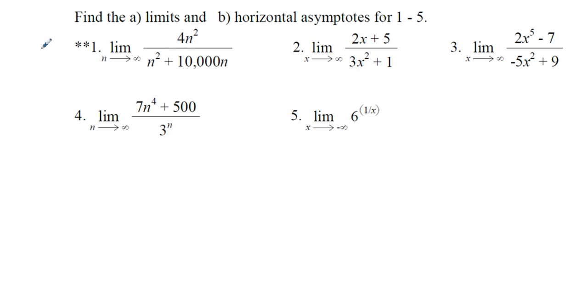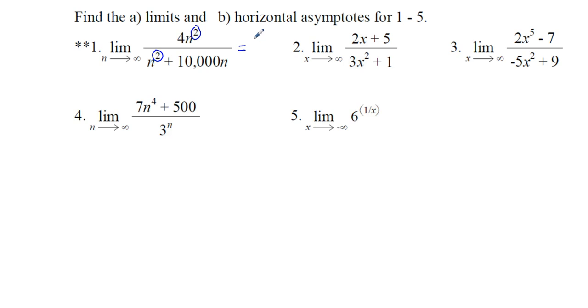And so what you do is you look and you have polynomials on both the numerator and denominator here, and the powers are the same. Okay, so our answer is going to be the coefficients of these highest terms.